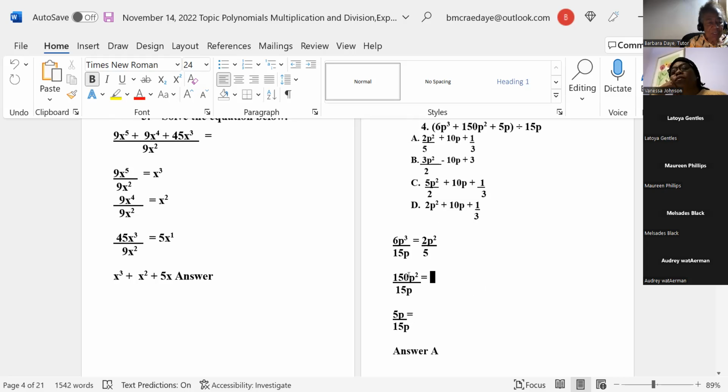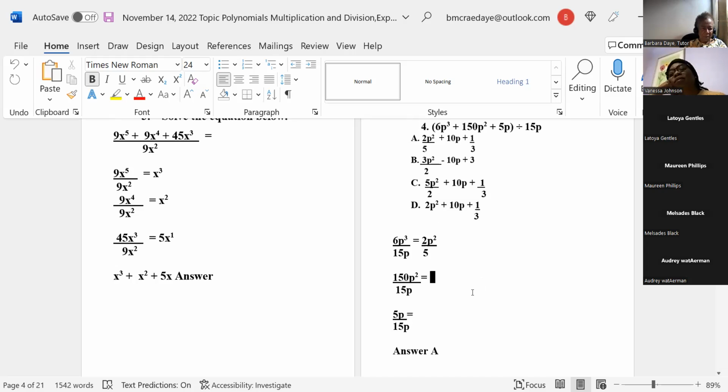Now Mercedes, what's 150p to the second over 15p? What is that equal to?